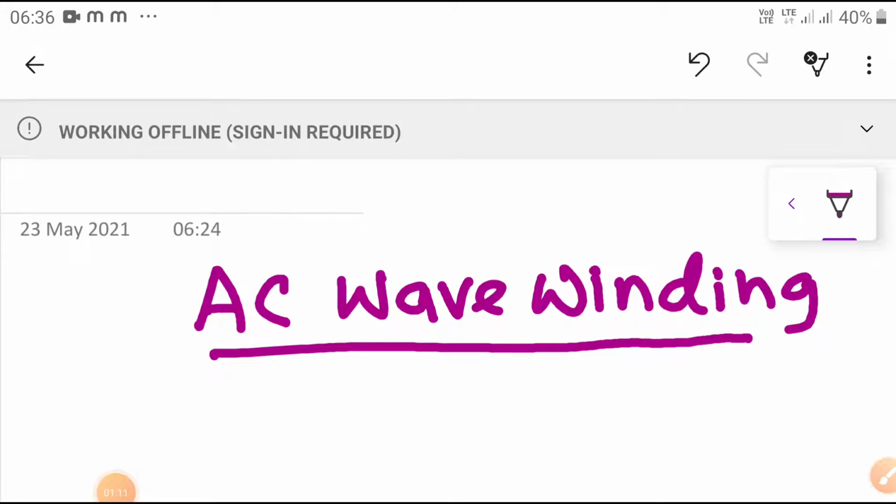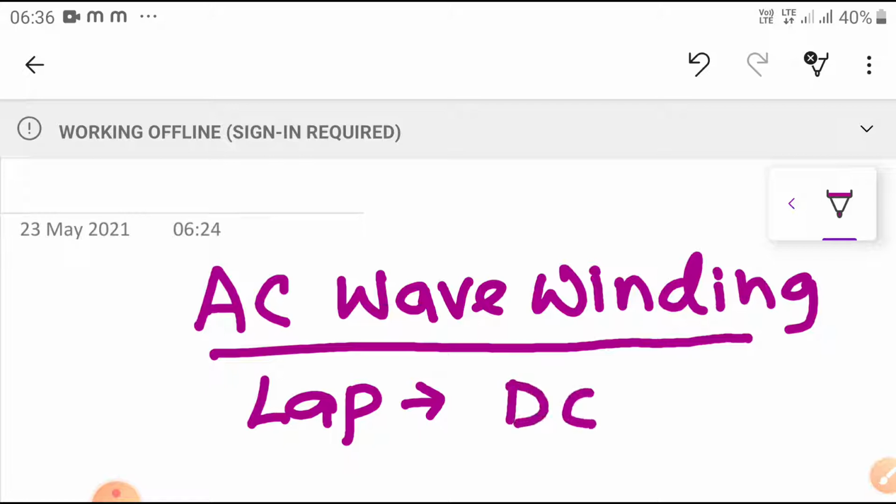AC wave winding. In last class we discussed AC lap winding. In that case we compared DC as well as AC windings.